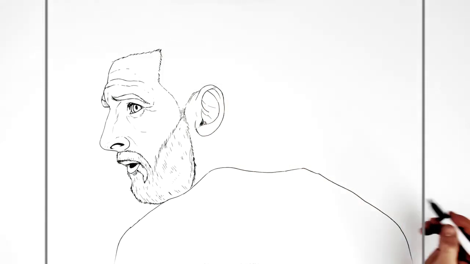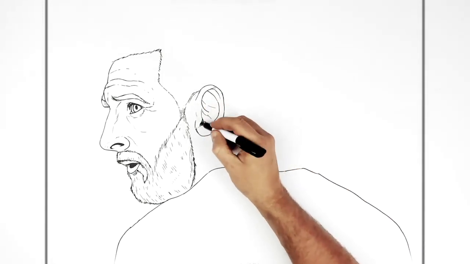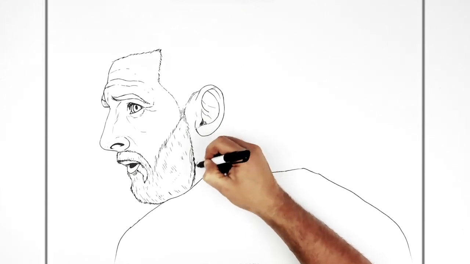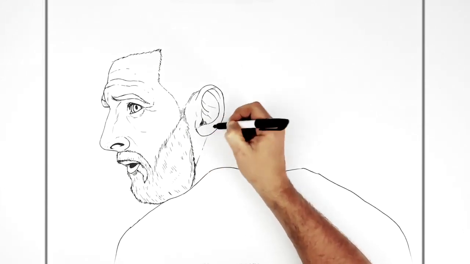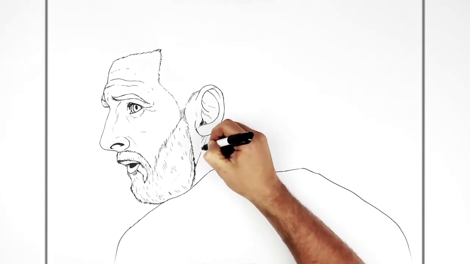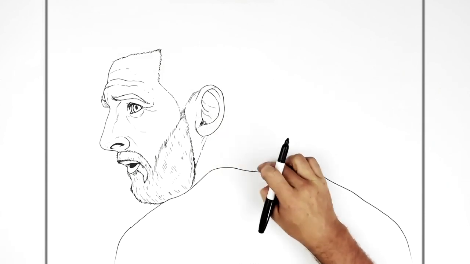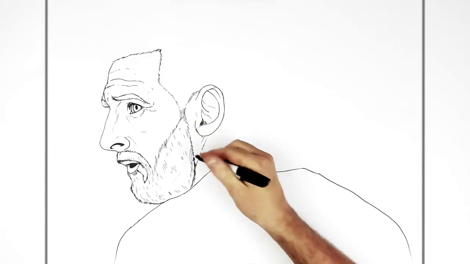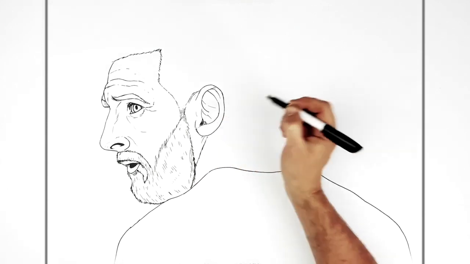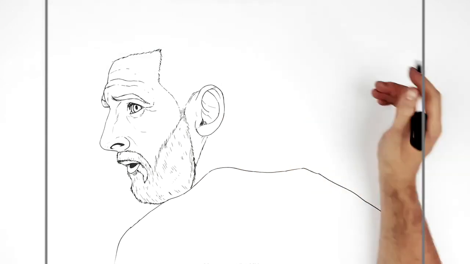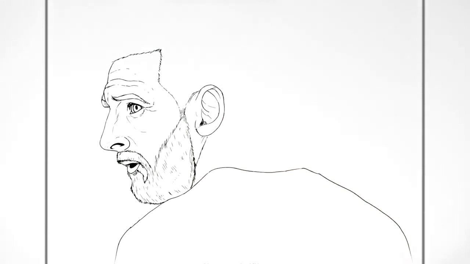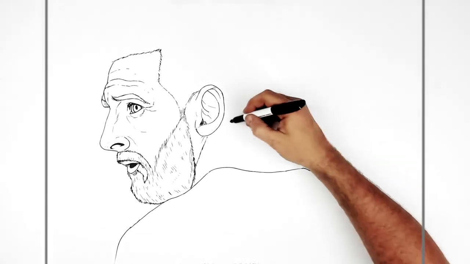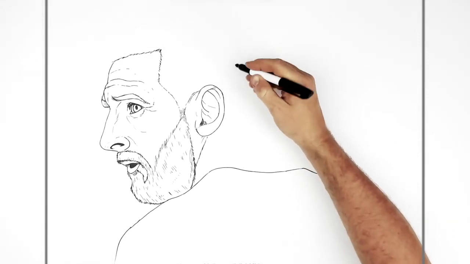Right, like so. And then we got some of his jaw, the skin on his jaw, and go kind of up towards his ear here. Because his head is turned and his neck is sort of being pulled, you've got these skin lines for his neck on the side of his head. So the back of his neck is just here behind the ear.